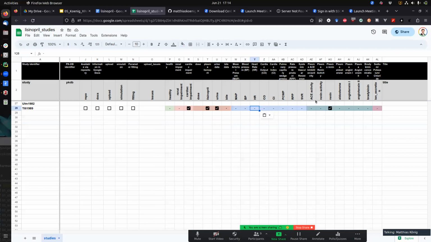Then we have the biochemical readouts, which are more directly at the signaling: ACE activity, renin activity, aldosterone, angiotensin 2, and so on. As far as I remember, there was also no data in here.